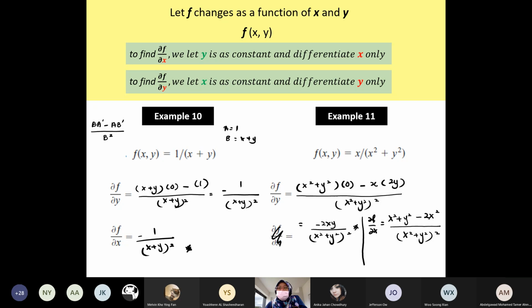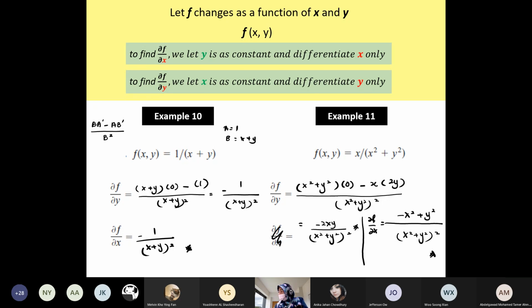So x squared minus 2x squared becomes negative x squared. So this is the final answer.